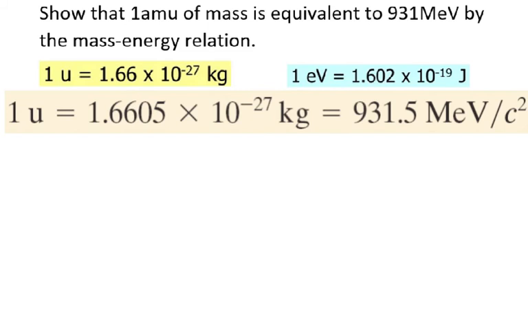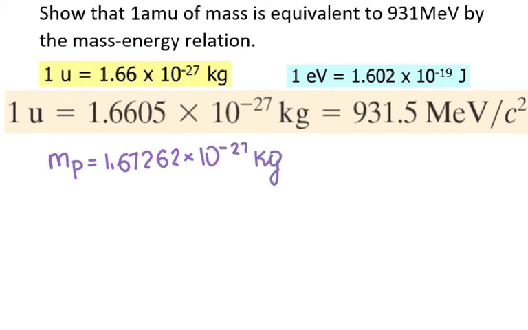So if I wanted to convert the mass of the proton, which is given as 1.67262 × 10^-27 kilogram, into mega electron volts over c squared.